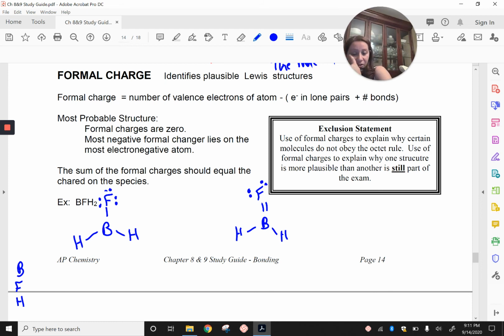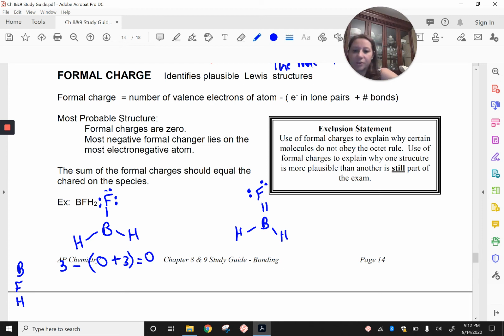So for the boron, let's start with the first structure. I take the number of valence electrons for that atom. Boron has 3 valence electrons. Then I subtract the number of electrons in lone pairs. This boron doesn't have any lone pairs, so that's 0, plus the number of bonds. This boron has 1, 2, 3 bonds.